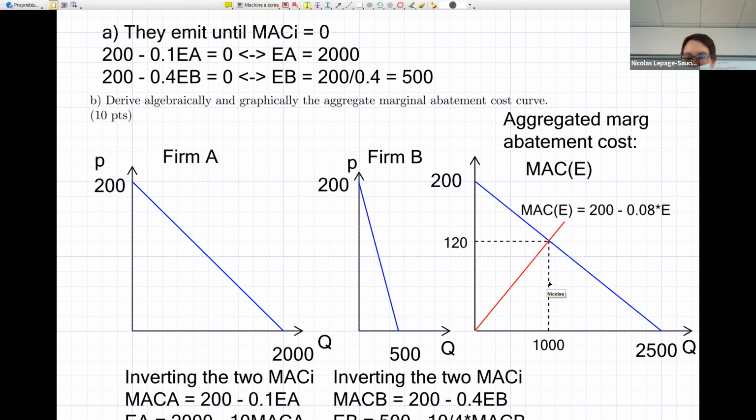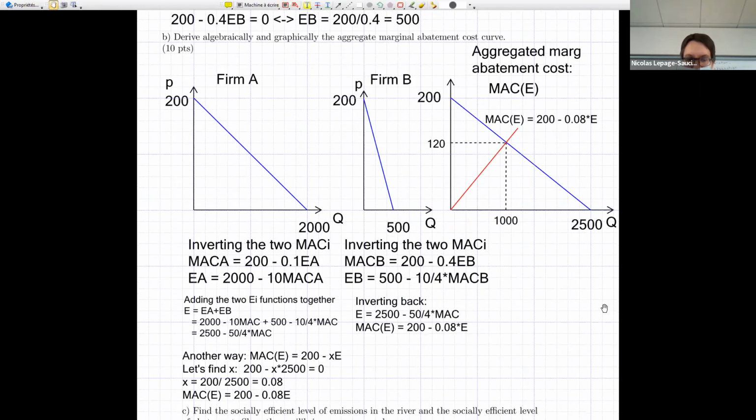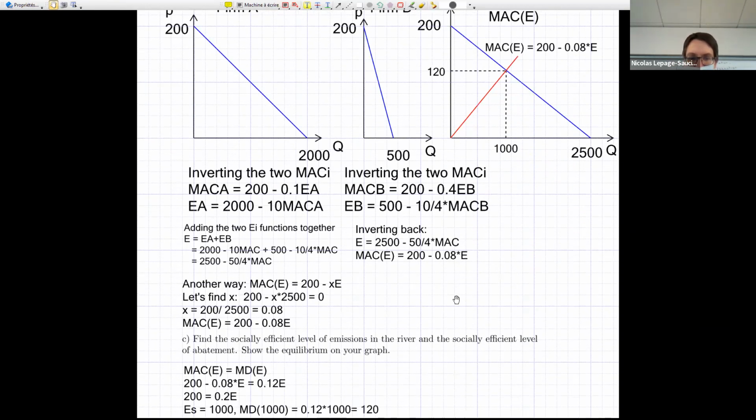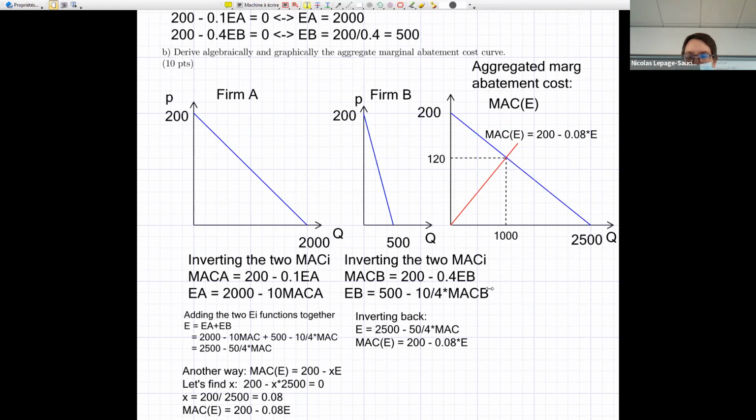So that should look like this. Since I didn't start in a nice corner, it's not easy to see visually, but I think it more or less feels okay. 100 is like here, so 120 is there. Yeah, feels about. So that would be it.